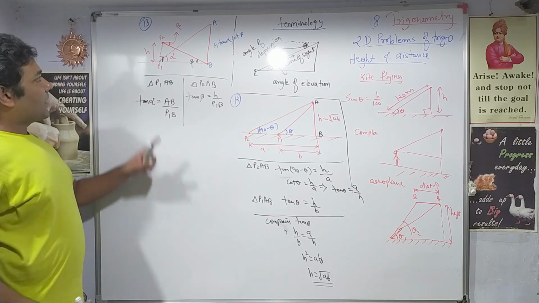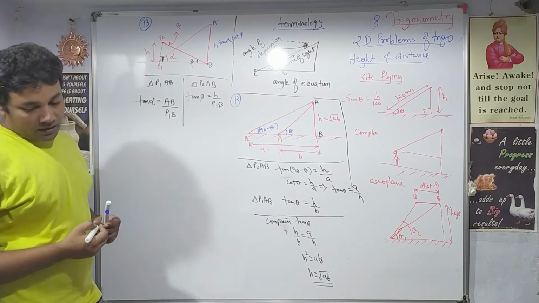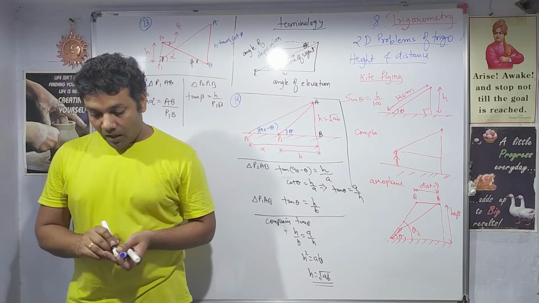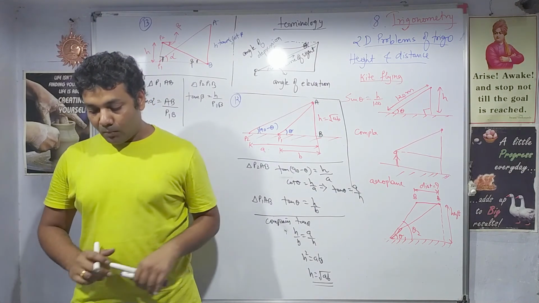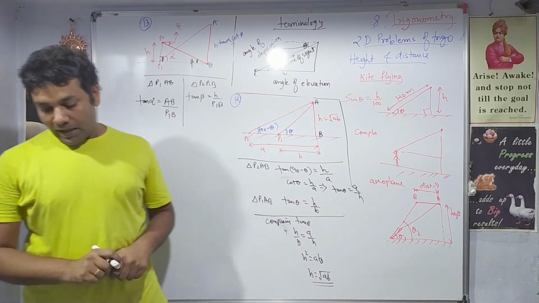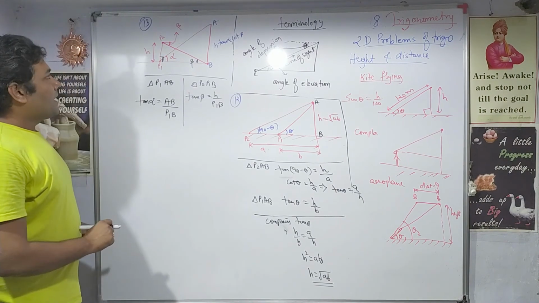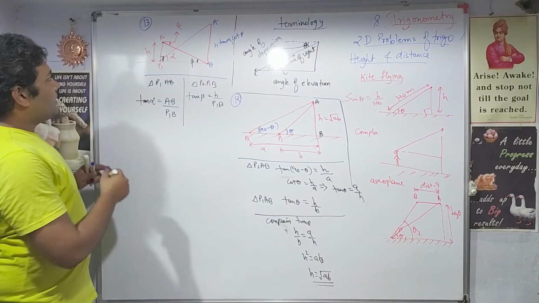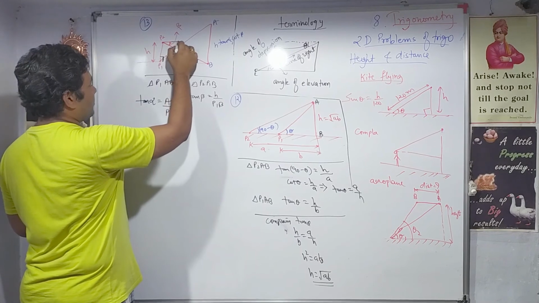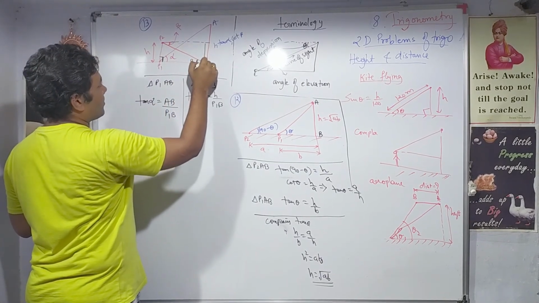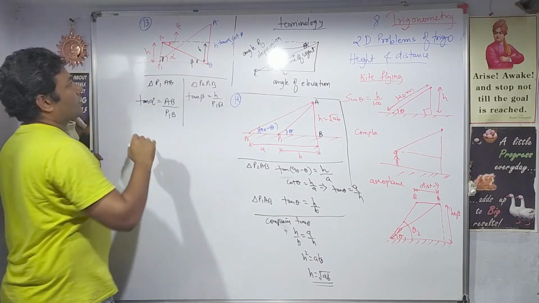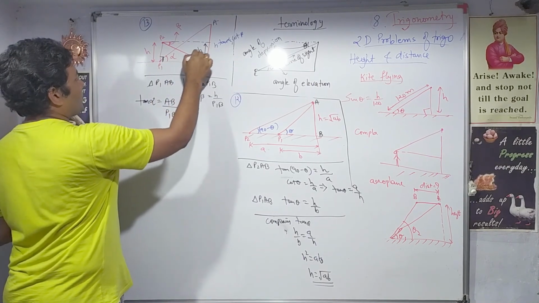So how will we find out AB, the height of the tower? Is it given? Nothing, all the given data we have plotted. Okay, so let us use our brain and simplify. This is the height h, so this height will also be h.